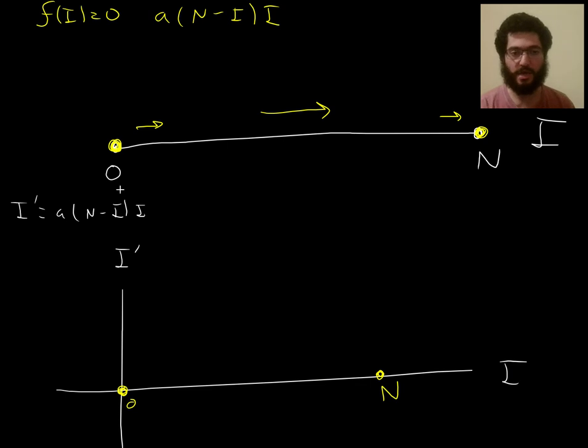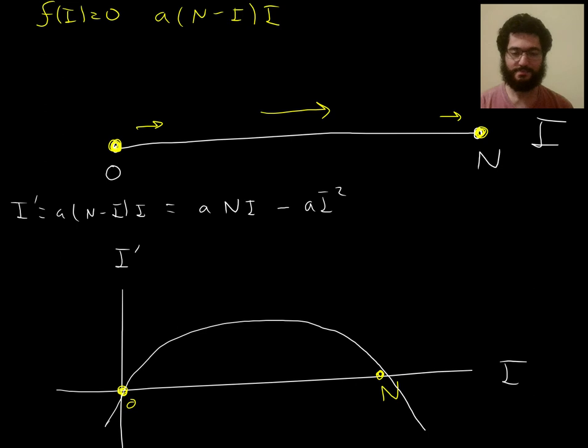Well, this is a quadratic, so it's a parabola, and if I multiply through here, I have a n I minus a I squared, and a is a positive number. We're assuming a is a positive number. So since the coefficient in front of the I squared is negative, I know that this is a parabola of this shape rather than this shape. And these are actually just the zeros of the parabola, right? That's where it equals 0. So it's something like that. So that's I prime against I.